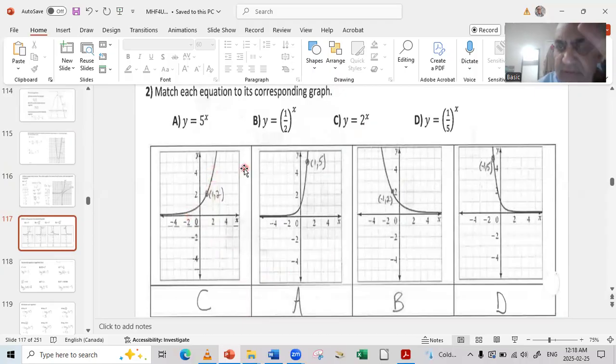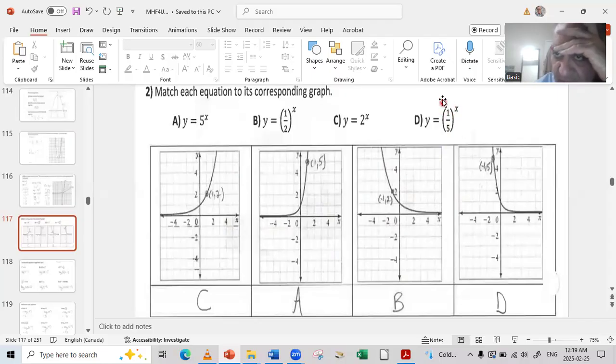So I graph it and see how it looks. I put the values like 0, 1, 2, and so on. Then I graph it and see whether it is ascending or descending. With fractions, usually it is descending. Like this fraction, half power x, it's going down. And also the same thing in D, 1 divided by 5 power x.